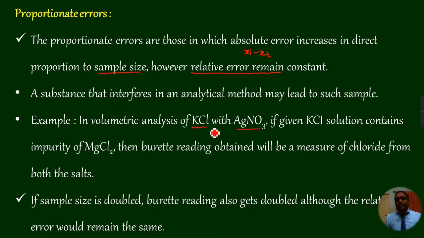If the given KCl solution contains an impurity of magnesium chloride, then a burette reading of 10 will be a measure of chloride from both the salts. KCl has one chloride ion, magnesium chloride has two chloride ions.